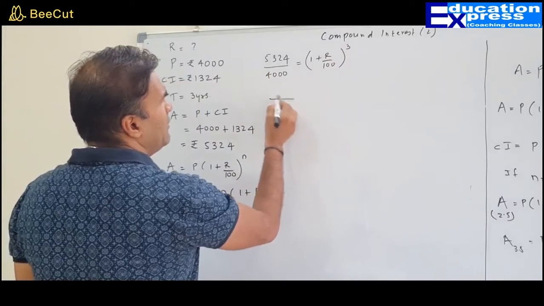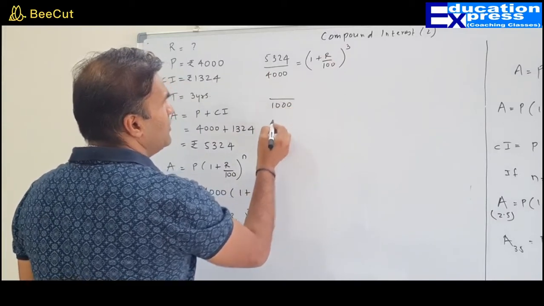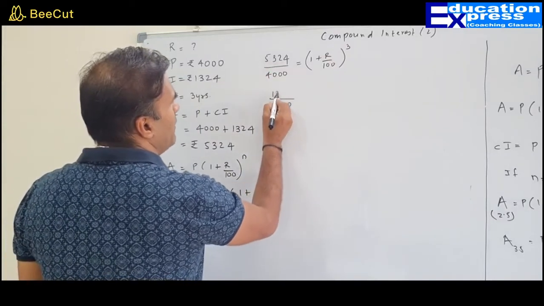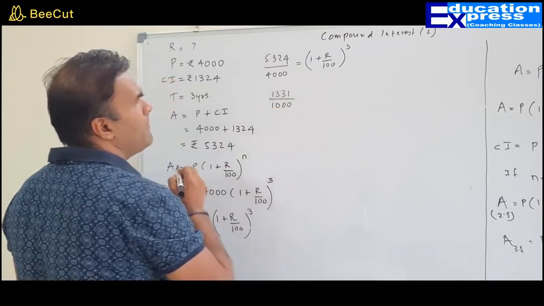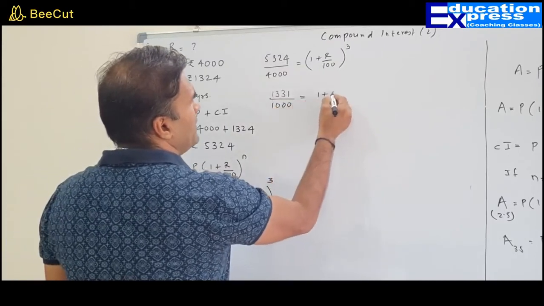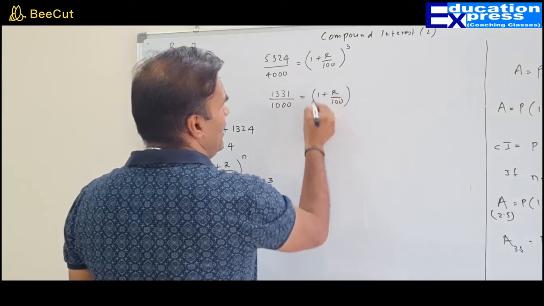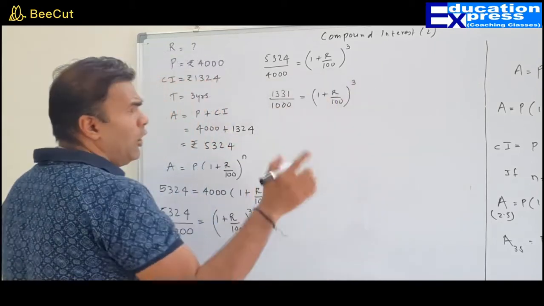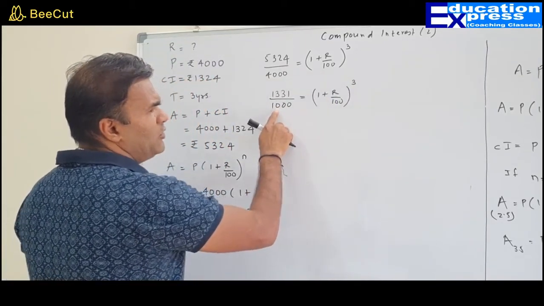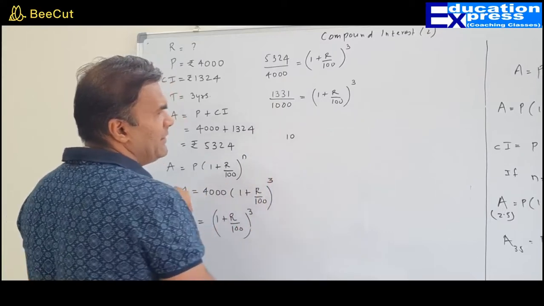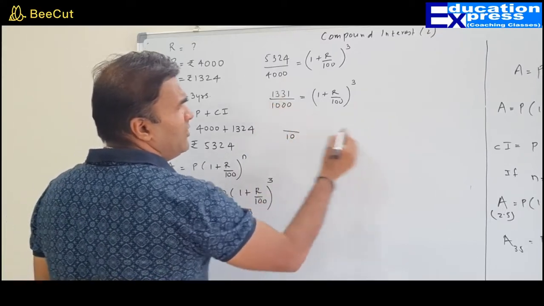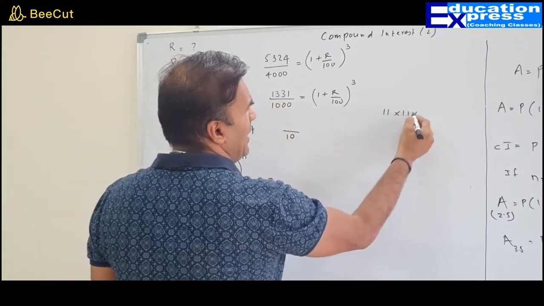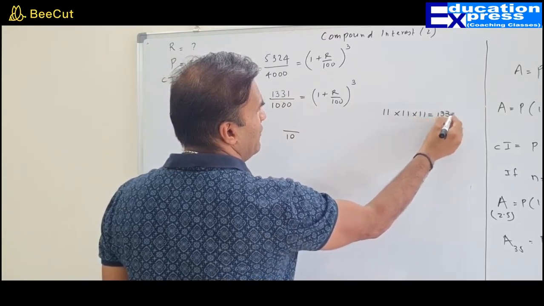You can divide by 4. This will become 1000. If you divide by 4, it becomes 1331 equals 1 plus R upon 100 raised to 3. We all know very well that 1000 is the cube of 10. And 1331 is nothing but 11 into 11 into 11.